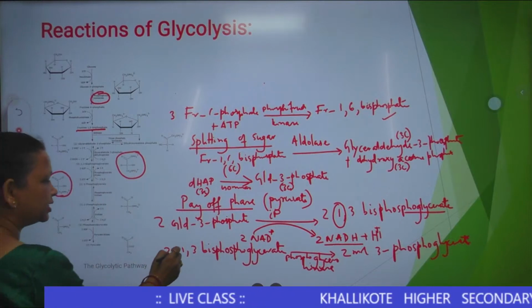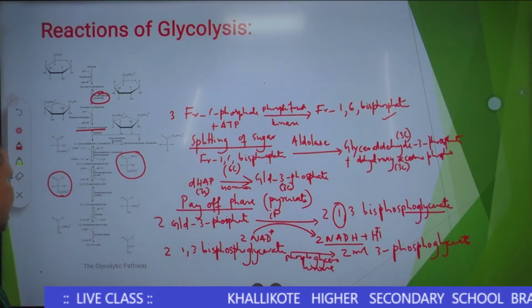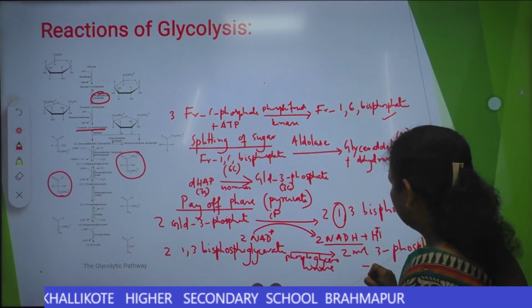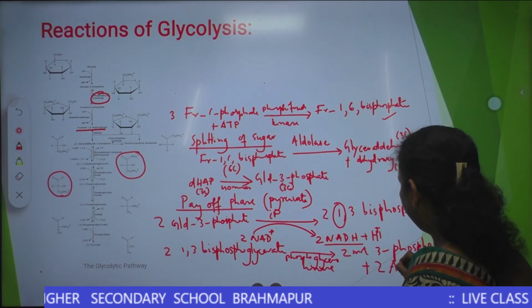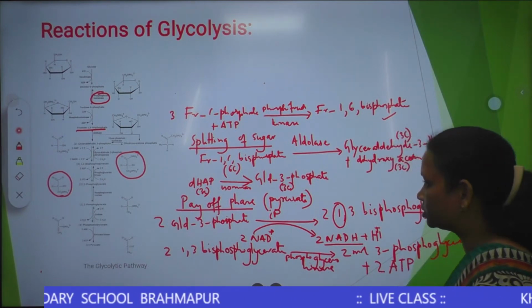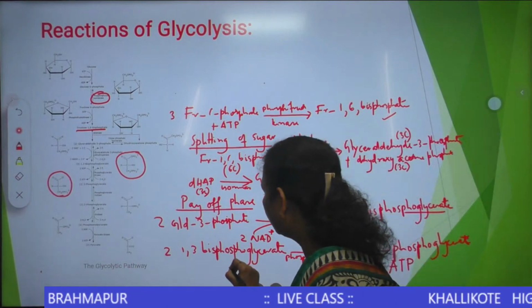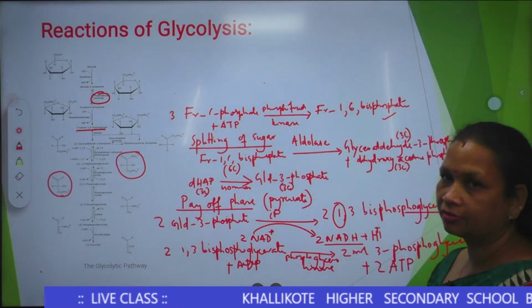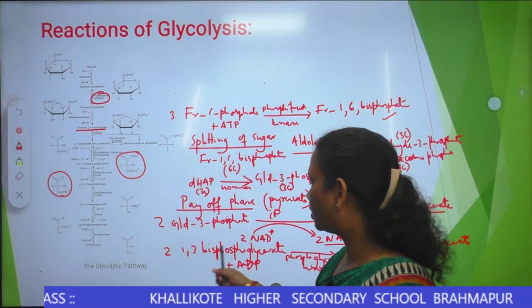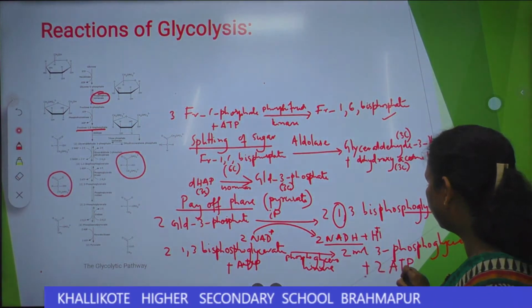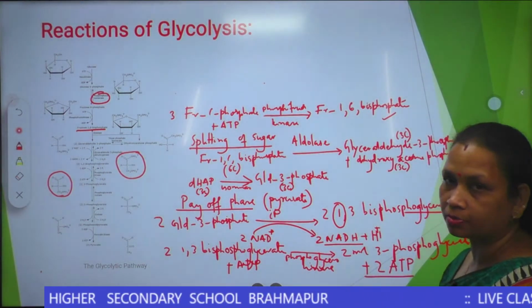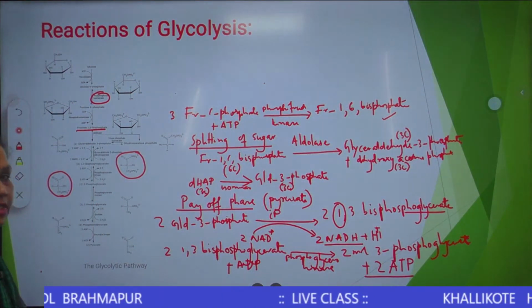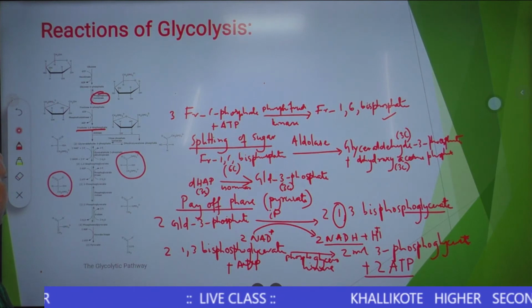The phosphate that is liberated from here gets attached to 2 molecules of ADP to become 2 molecules of ATP. So, 2 molecules of ADP will be taking up the phosphate from this compound, and then 2 molecules of ATP will be formed. So, this is the substrate level phosphorylation process.